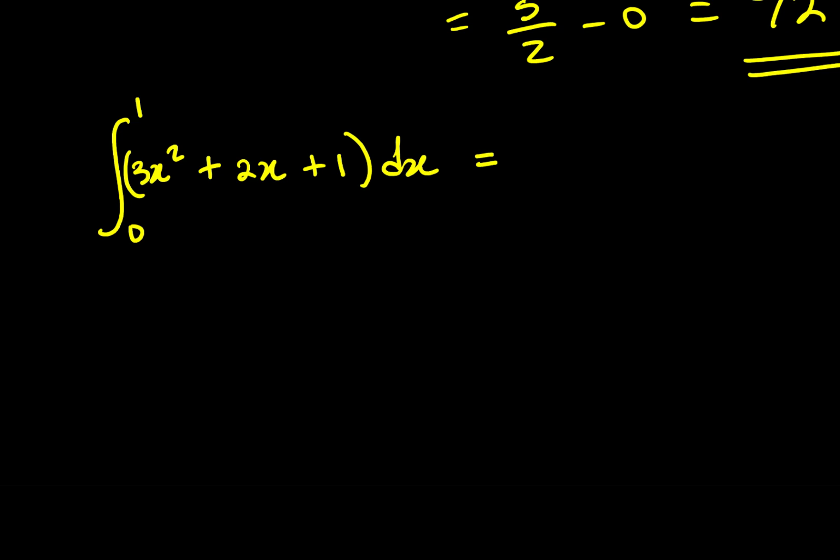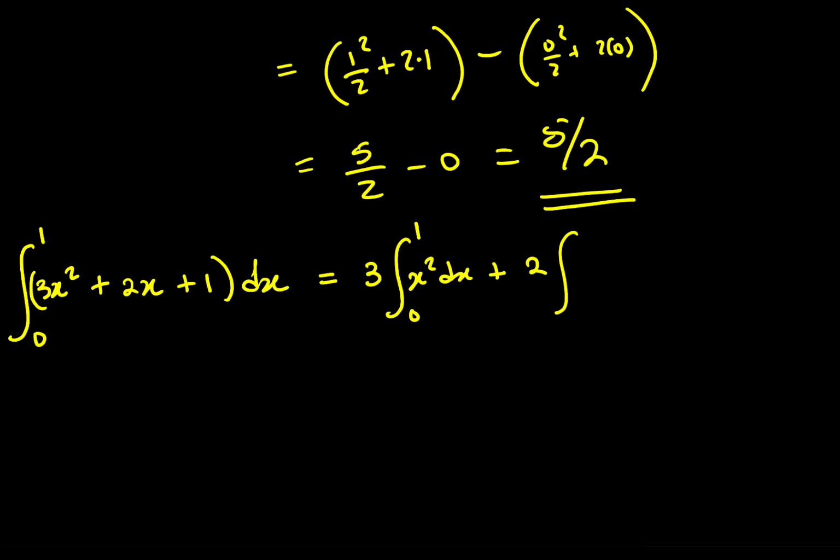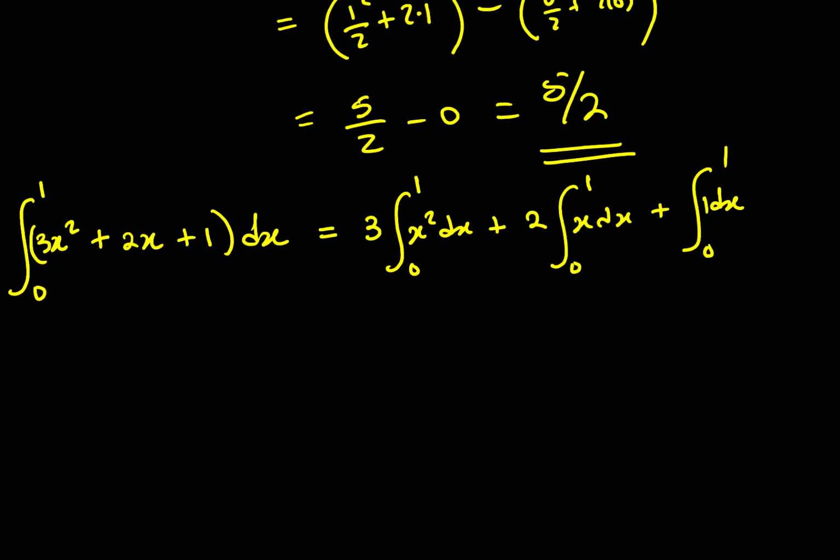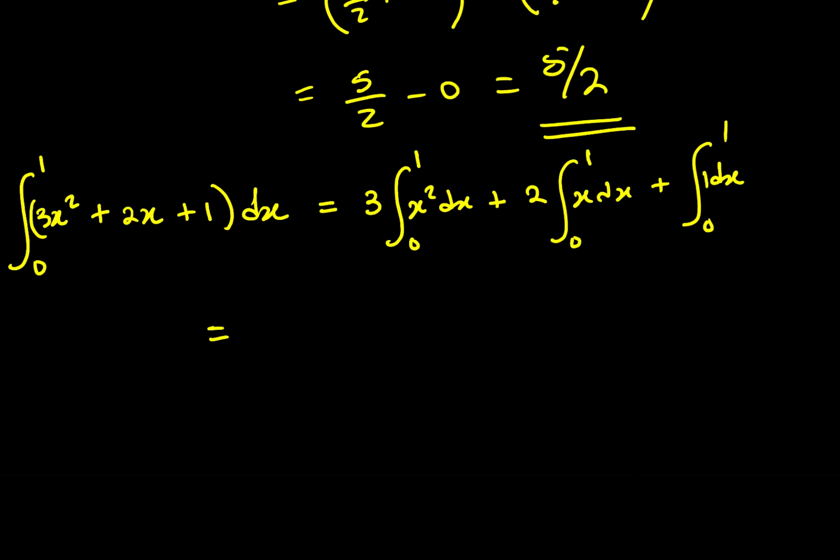This is the same as 3 times the integral from 0 to 1 of x squared dx, plus 2 times the integral from 0 to 1 of x dx, plus the integral from 0 to 1 of 1 multiplied by dx.